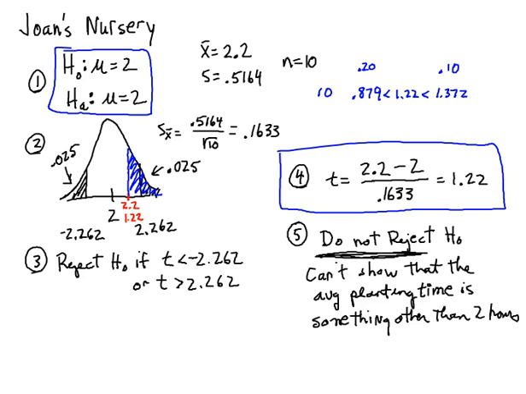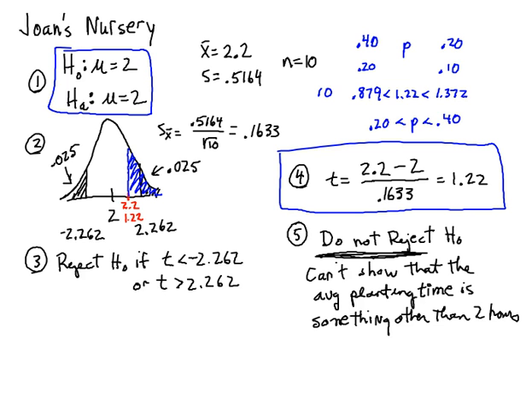So the way I'm going to get my p-value is I'm going to take those two values and multiply them by 2, and my p-value is going to fall between those two values. And the way I would write that is 0.20 less than p is less than 0.40.